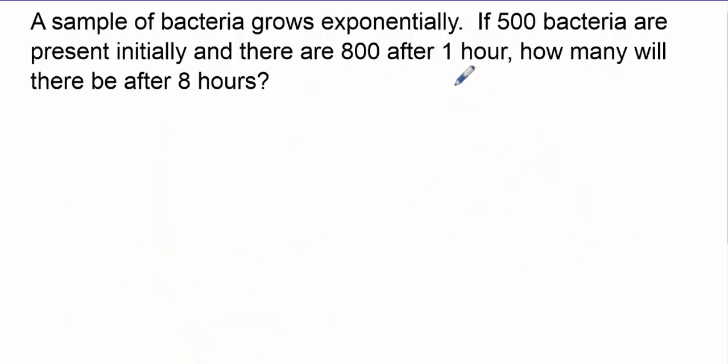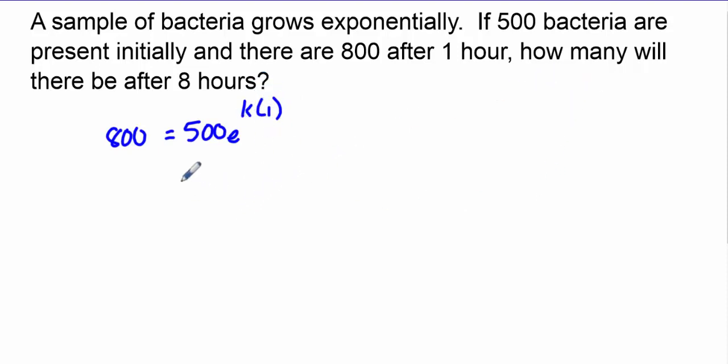All right, in this problem, we have 500 bacteria initially present, and there are going to be 800 after an hour. They don't tell me my k, but I do have my time, and they want to know how many are present after 8 hours.